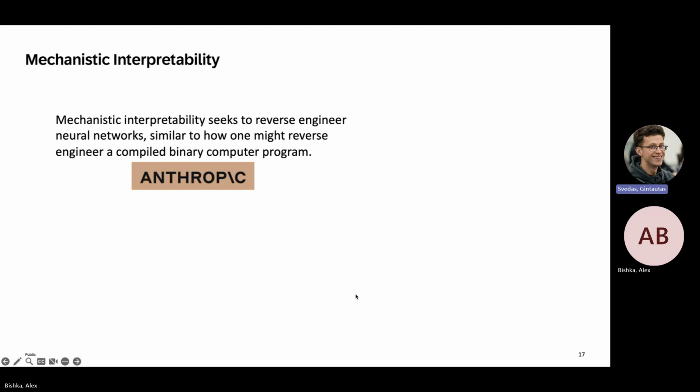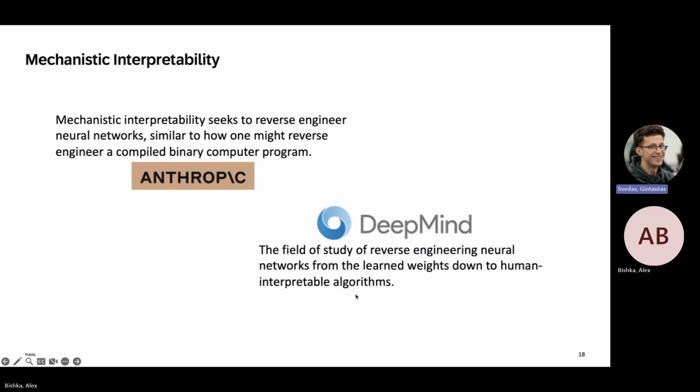Mechanistic interpretability seeks to reverse engineer neural networks similar to how one might reverse engineer a compiled binary computer program. Additionally, I'll also give you DeepMind's definition, another leader in this area. They define it as the field of study of reverse engineering neural networks from learned weights down to human interpretable algorithms.